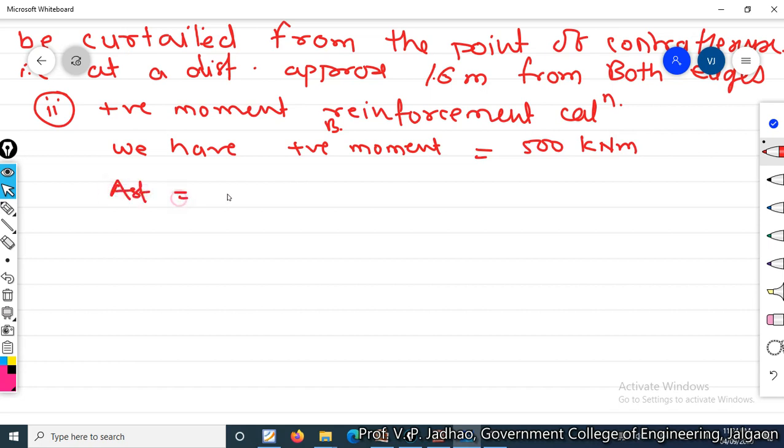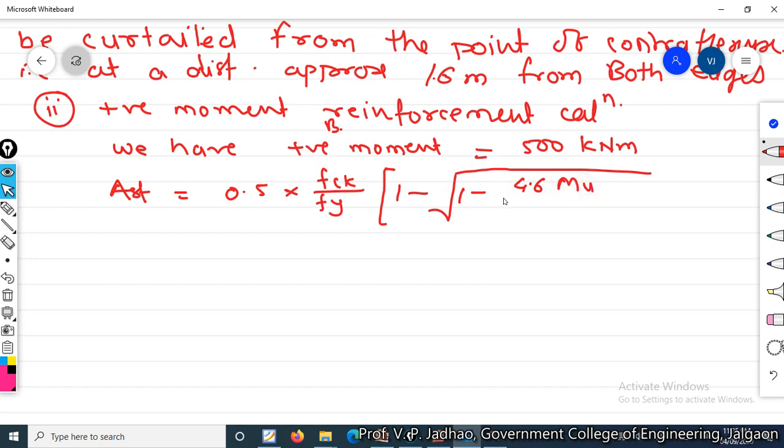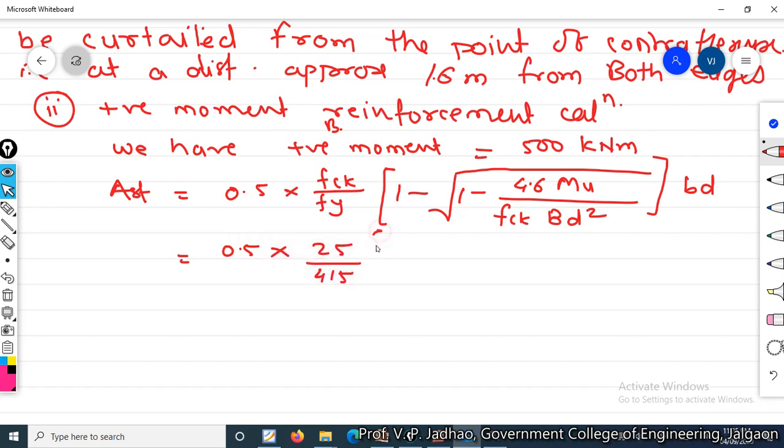Therefore, steel requirement AST is equal to, the formula is again the same, 0.5 FCK upon Fy, multiplied by 1 minus square root of 1 minus 4.6 Mu upon FCK BD square, multiplied by B into D. Put the known values: 0.5 into FCK 25 by Fy 415, bracket 1 minus square root of 1 minus 4.6 into Mu 500 multiplied by 10 raised to power 6, converted into Newton mm.